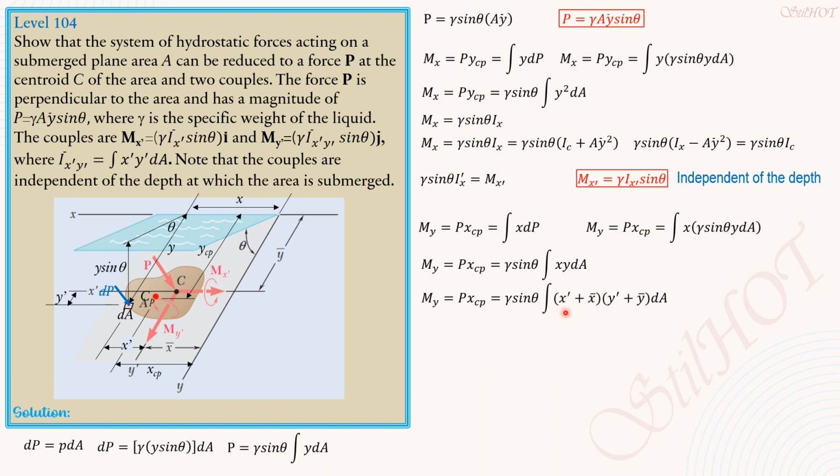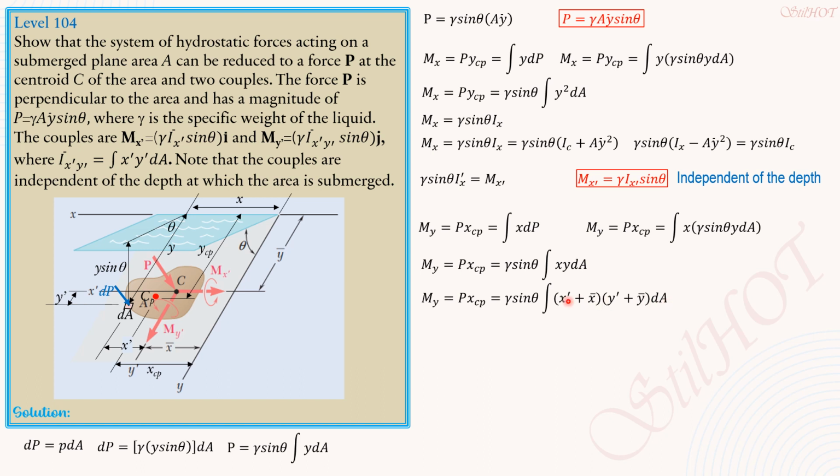Now, we expand the integral of x prime y prime dA and the integral of barred x barred y, which are constants, so the integral of dA. For the other terms, the integral of x prime barred y dA, because barred y is constant, would be barred y times the integral of x prime dA.